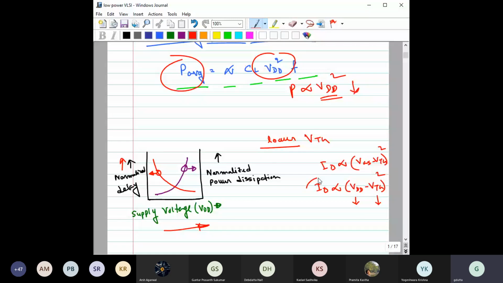But there is also a constraint on the scale by which you can reduce VDD.